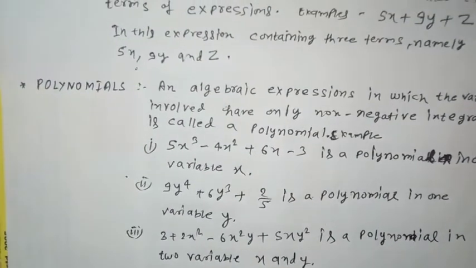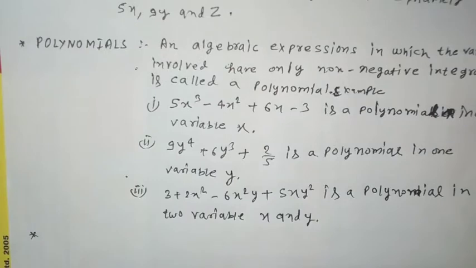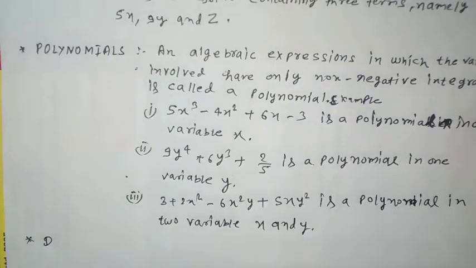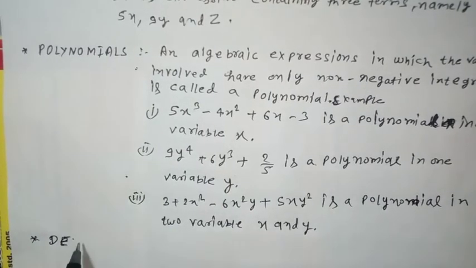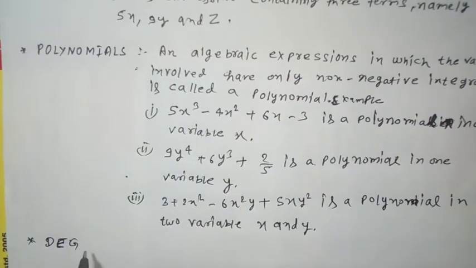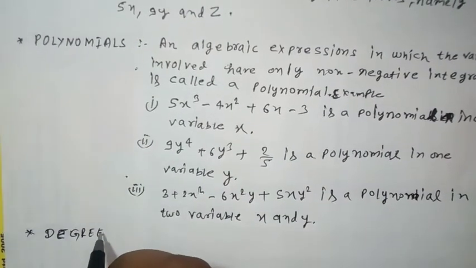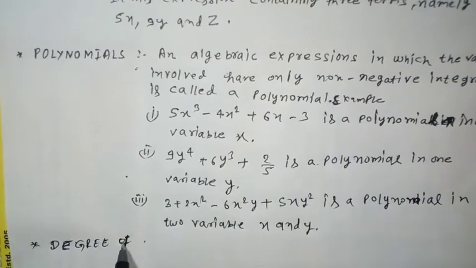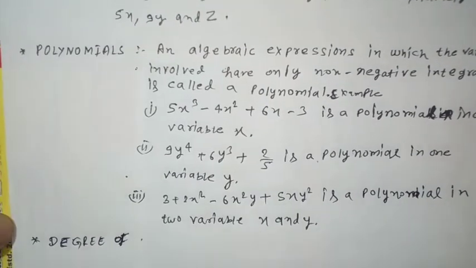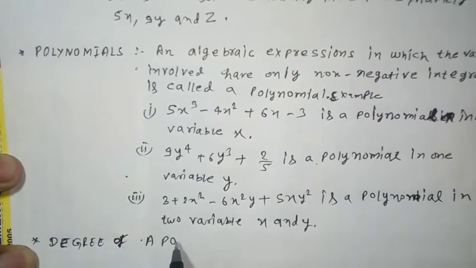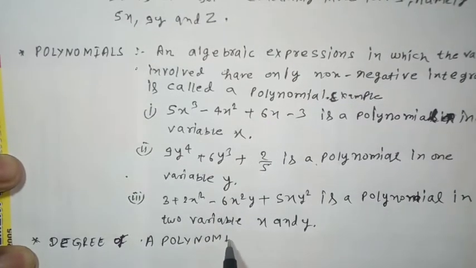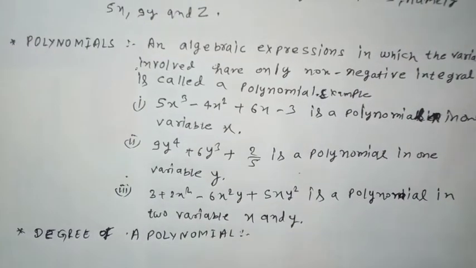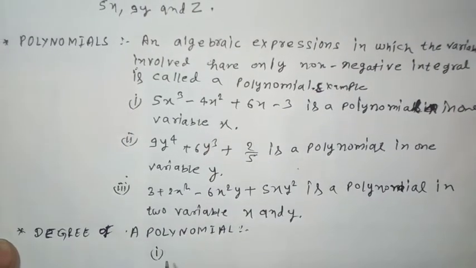Now the next, degree of a polynomial. First, one variable.